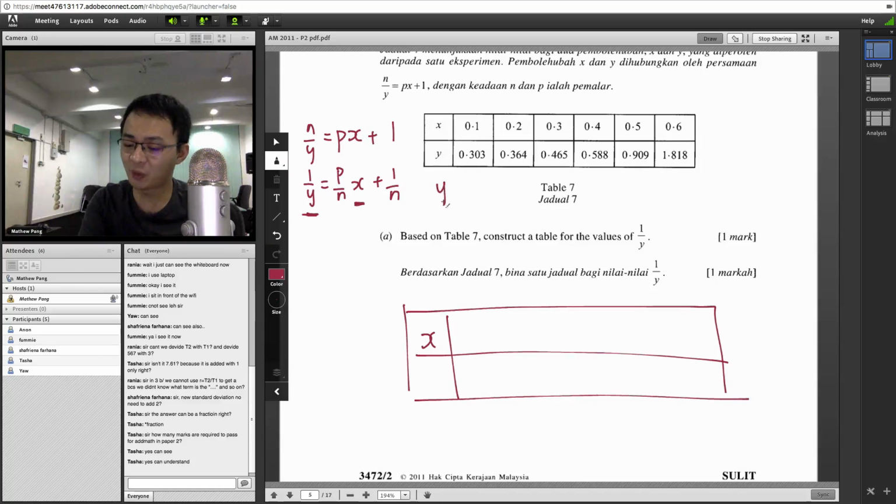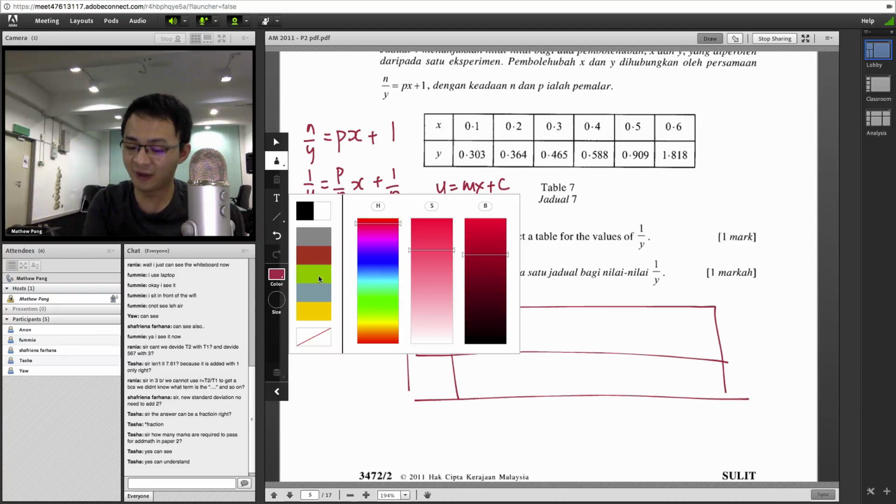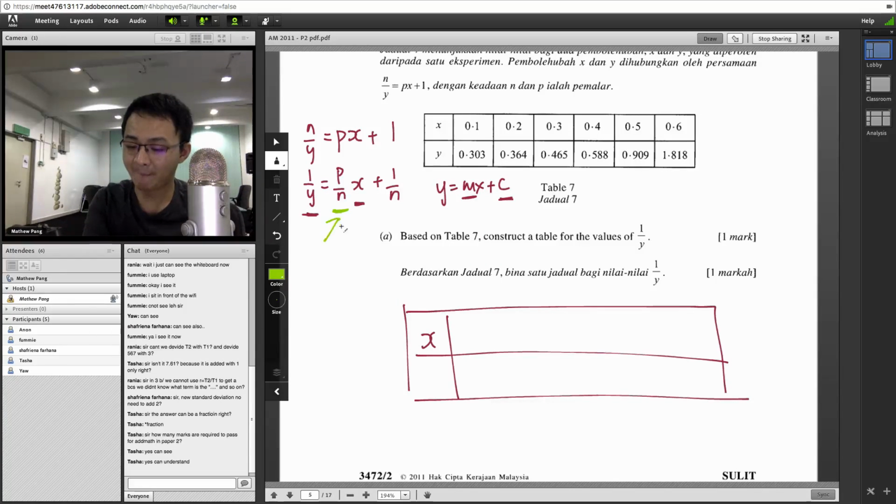So because of the y equals mx plus c formula, I know m and c are at these positions. So therefore, I know this is my m, and then this is my c. Alright. So for my 1 over y, I use a calculator, 1 divided by the y value here, and I try to leave at least 2 or 3 decimal places.